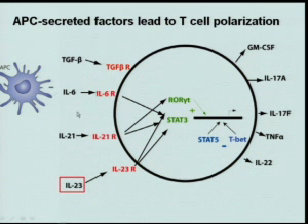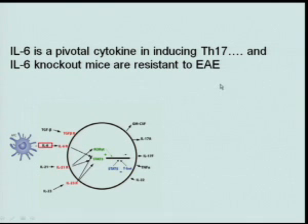So in particular, IL-6 and TGF-beta, and also GM-CSF, which isn't necessarily thought of as polarizing, but is necessary for dendritic cell function.